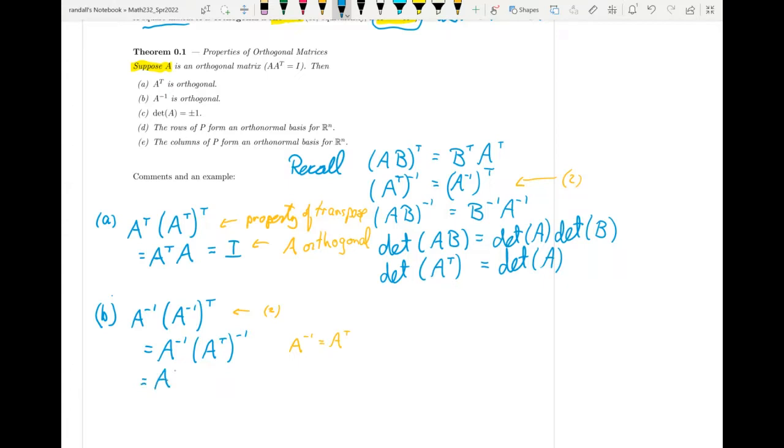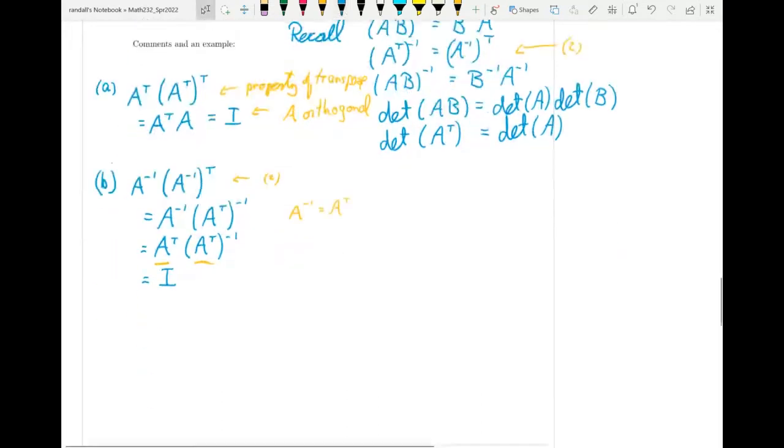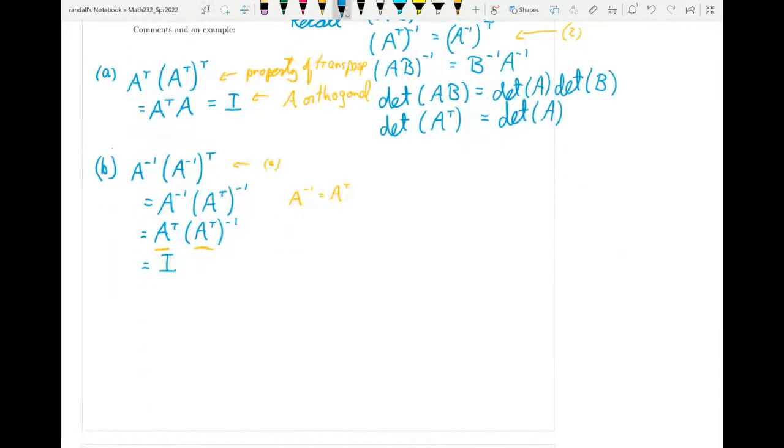I'm going to write A^T instead. All right, so now what do we have? We have a matrix times its inverse, and that is the identity. Okay, so A inverse is also orthogonal.